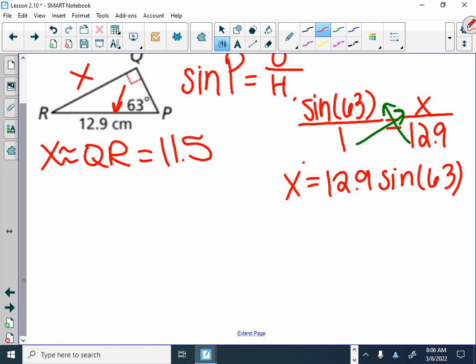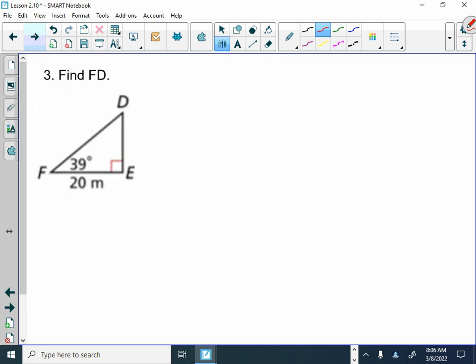Alright, let's do 3 together, and then I'll have y'all try 4 on your own. Number 3. I need FD. Mark it. We need to decide sine, cosine, or tangent.